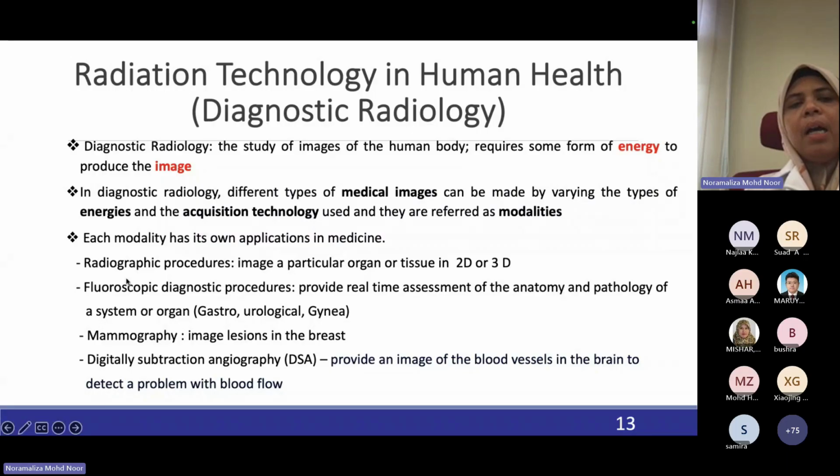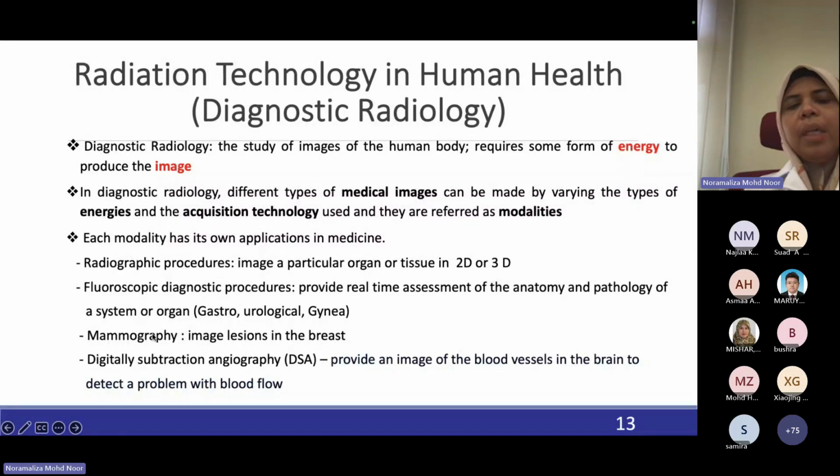For example, in a radiographic procedure, usually we like to image a particular organ or tissue in 2D or 3D. For 3D, usually we talk about the usage of computed tomography, where we are able to view the image in the 3D plane. And 2D, usually for the chest X-ray, we use general X-ray. For the fluoroscopy diagnostic procedure, usually it provides real-time assessment of the anatomy and also the pathology of a system or organ, like the urological and also gynecological.